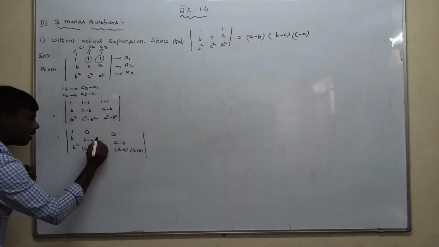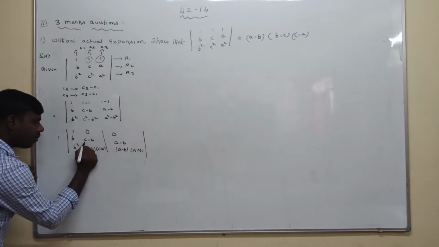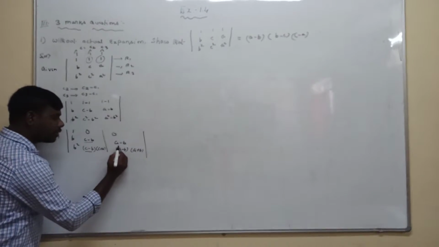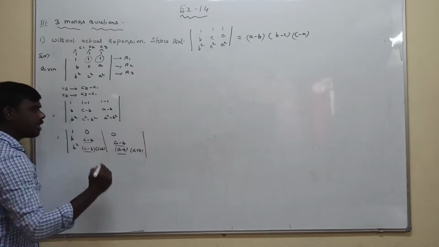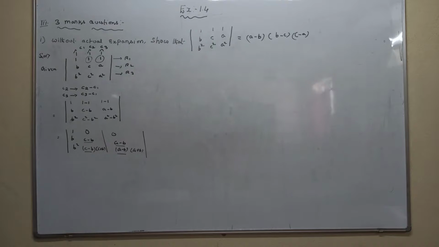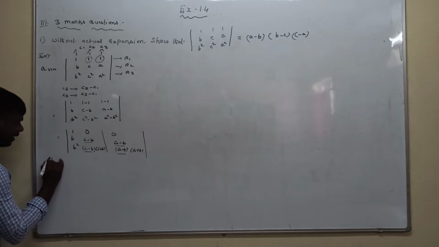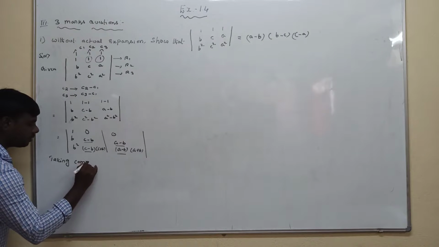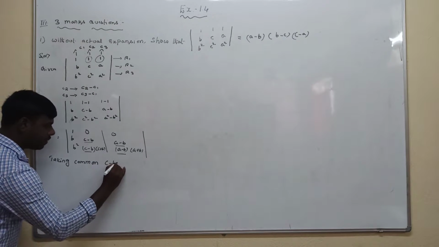Observe, dear students, in the second column the common element is c minus b.